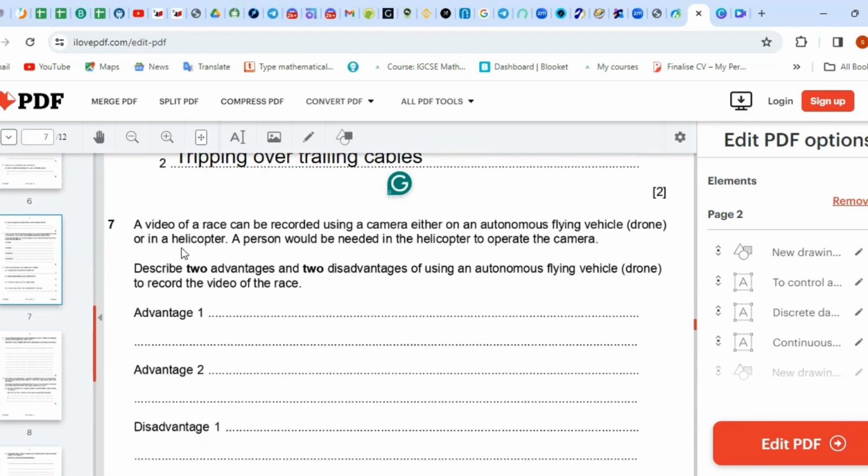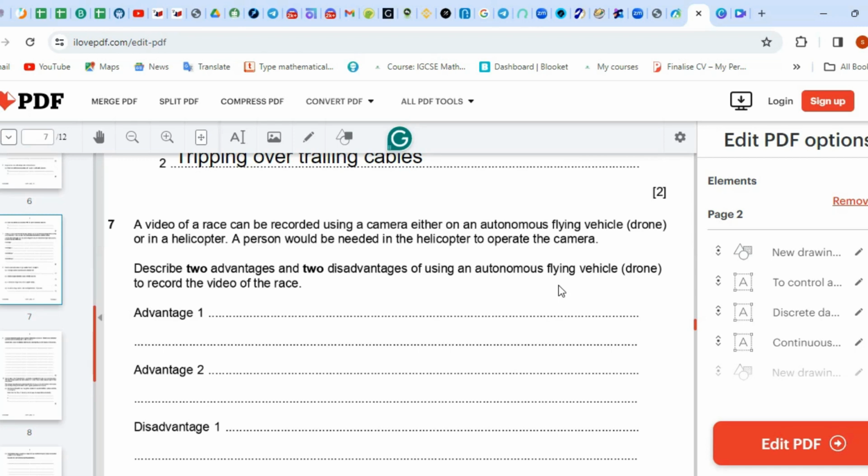Question number 7. A video of a race can be recorded using a camera either on an autonomous flying vehicle, which we know as drone, or in a helicopter. A person will be needed in the helicopter to operate the camera. Describe two advantages and two disadvantages of using an autonomous flying vehicle, which is known as the drone.